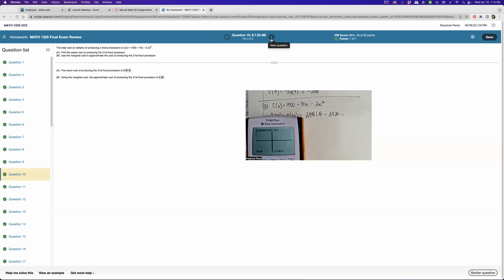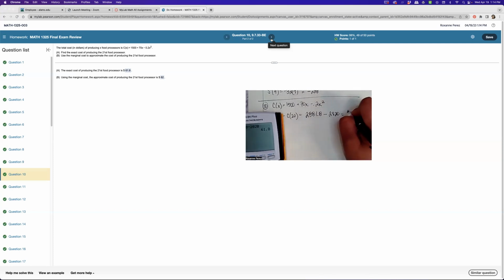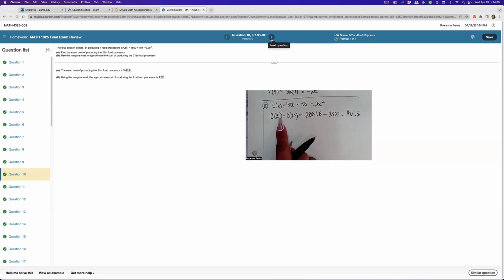So I'm just going to subtract those two values. 2881.8 minus 2820, and that's going to give me 61.8. So that's the exact cost of producing the 21st food processor. It's not the collective cost of producing all 21, and I don't want the collective cost of producing 20 units.